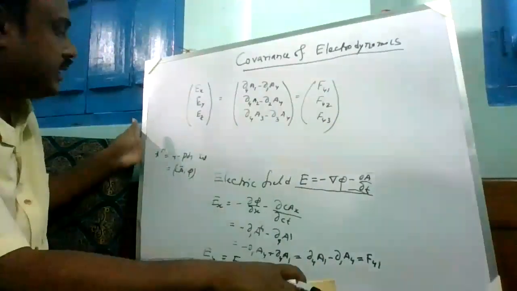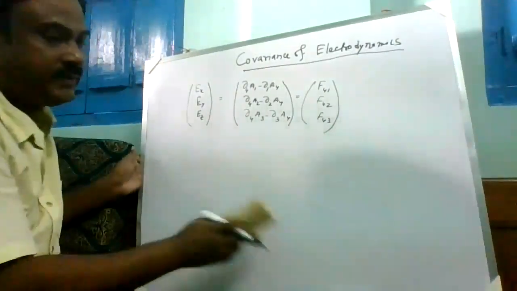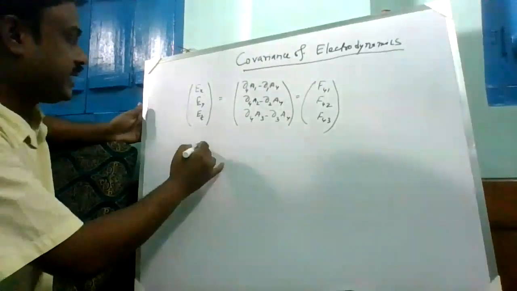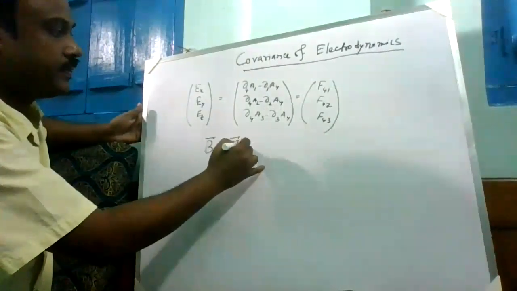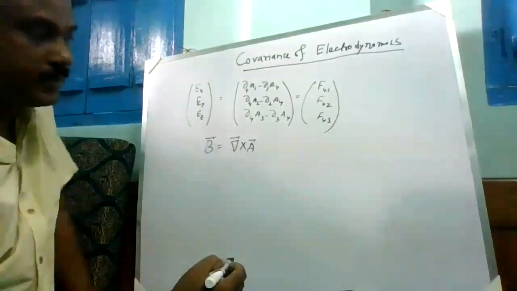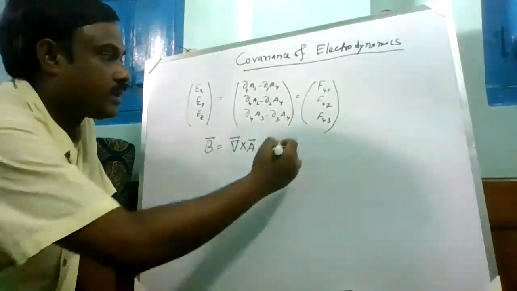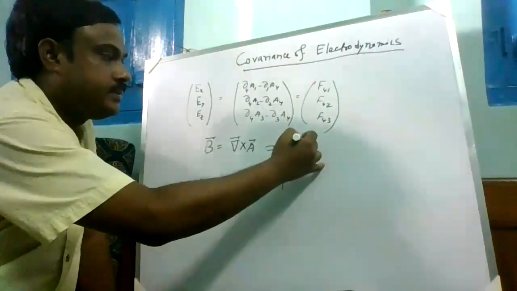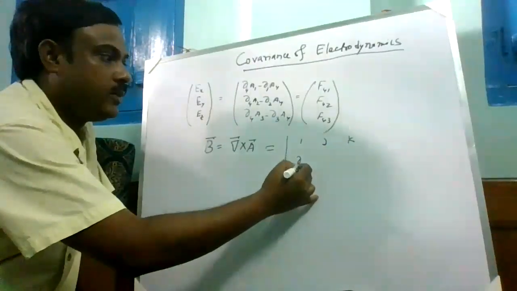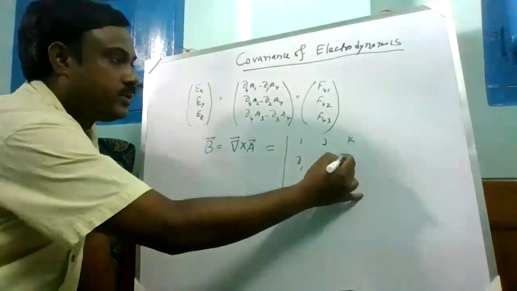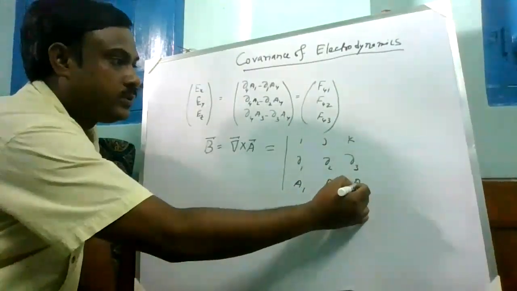Now let us come to the magnetic field. The magnetic field can be written as B equals del cross A. We have seen already, i, j, k, del 1, del 2, del 3, A1, A2, A3.